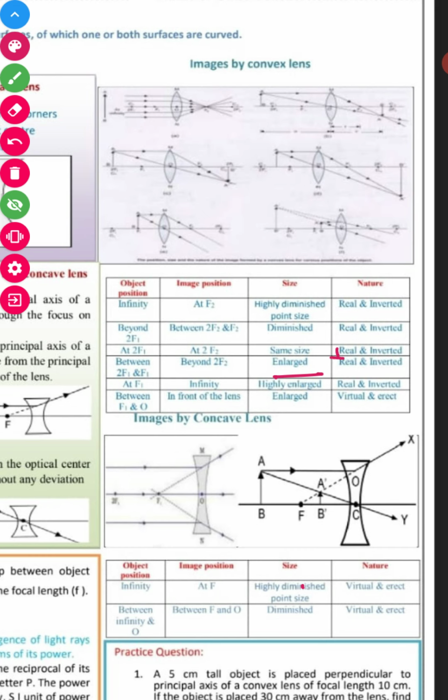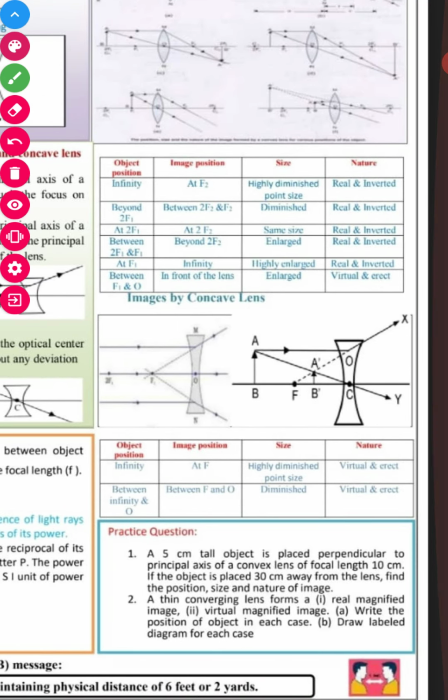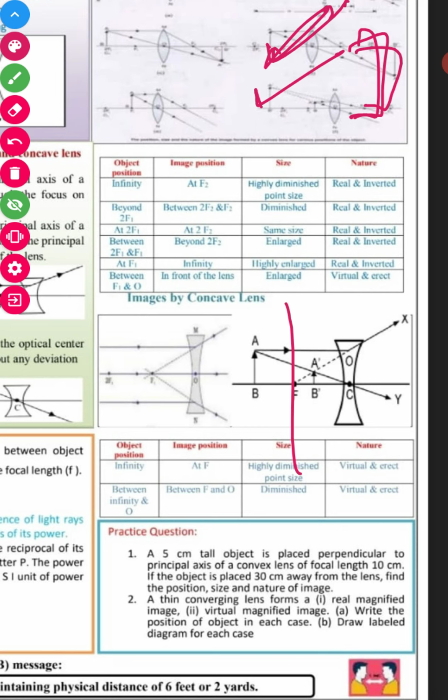Then you have to draw this diagram in the second question, and write virtual magnified. Then you have to draw this virtual magnified, means you have to draw these two diagrams with labels and all.